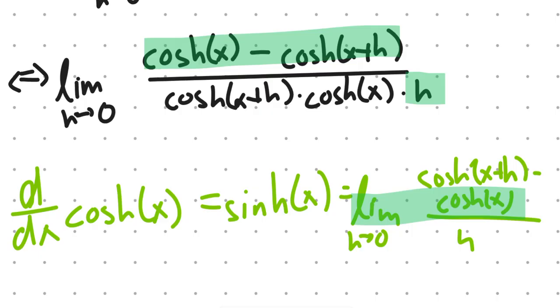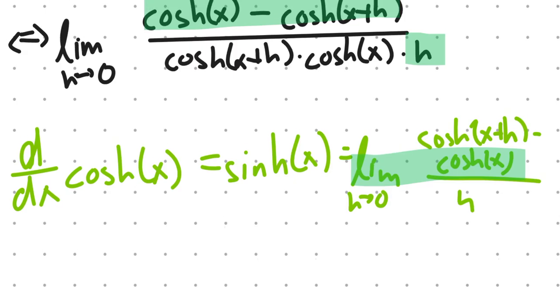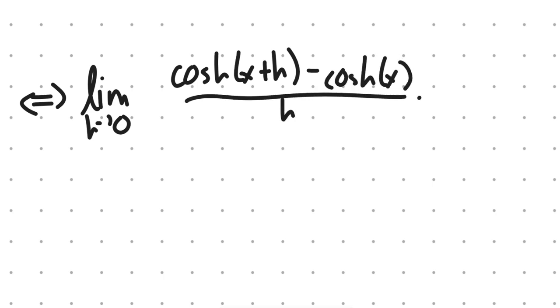So since we have a product, we can factor it out, and then we will have another kind of limit. Over here we will have the limit as h approaches 0 of cosh of x plus h minus cosh of x, all over h, times 1 over cosh of x plus h times cosh of x.